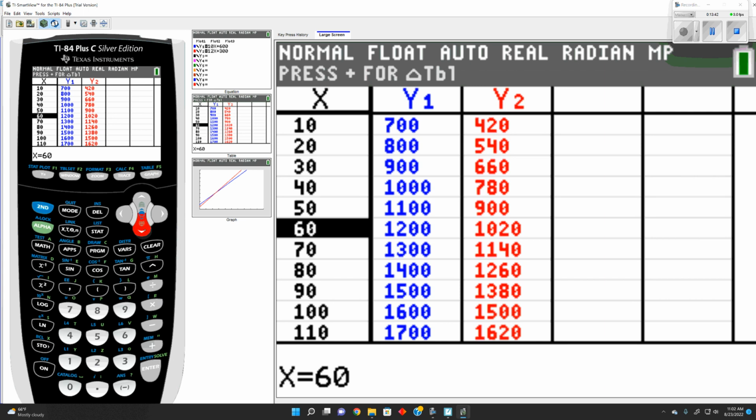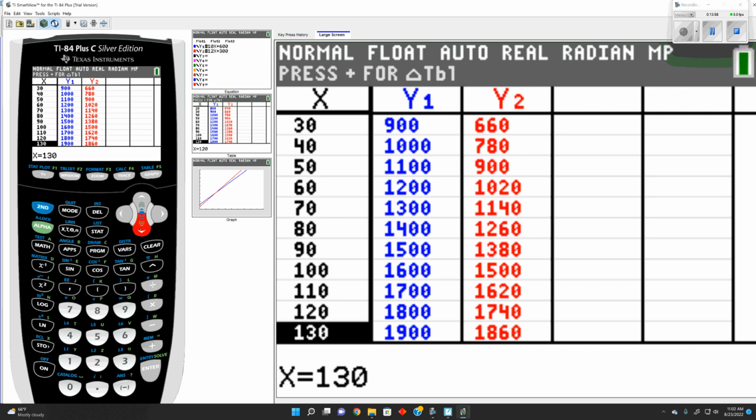So as we see here going down, Lakeside is cheaper. For 70 students, Lakeside's 1,140. The resort is 1,300. So we can see that it is more expensive. And as we get closer to the 150 mark, we can see that the prices are actually getting closer together until we hit 150, where they're both 2,100.